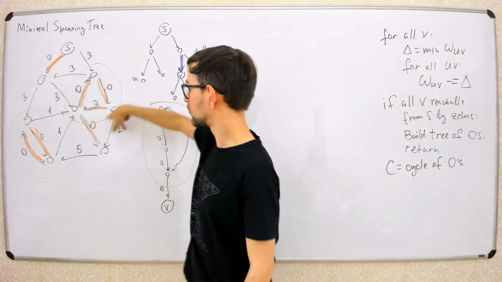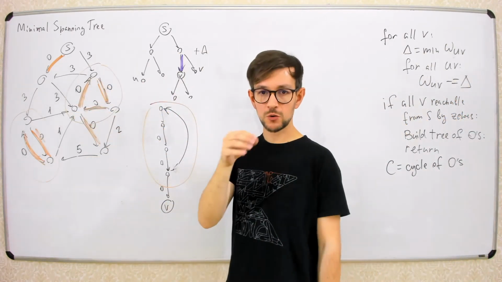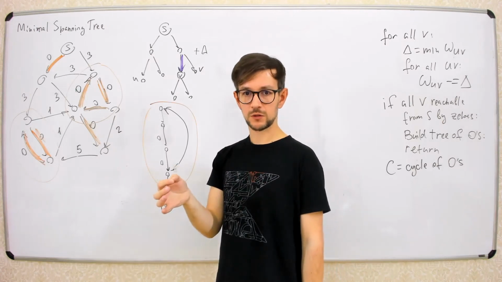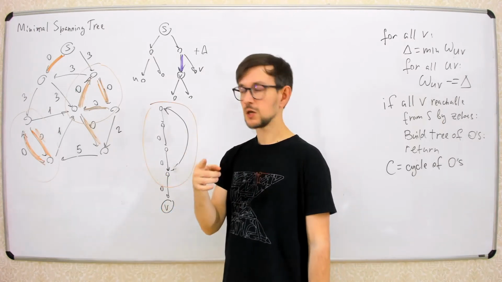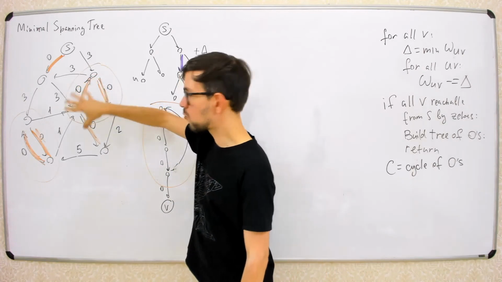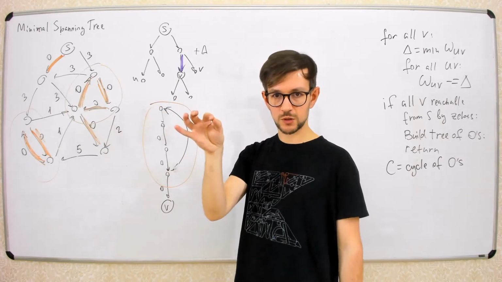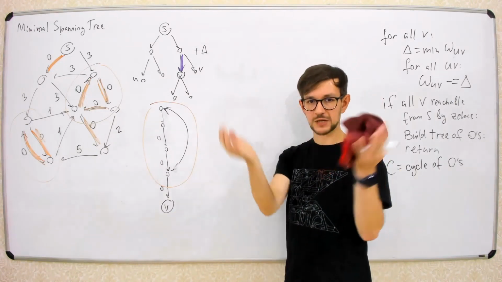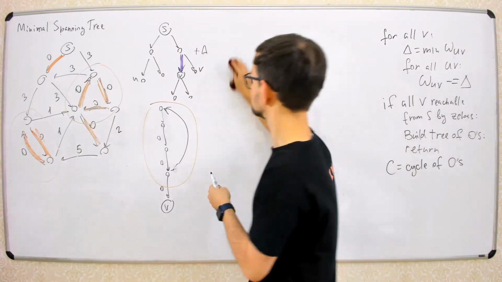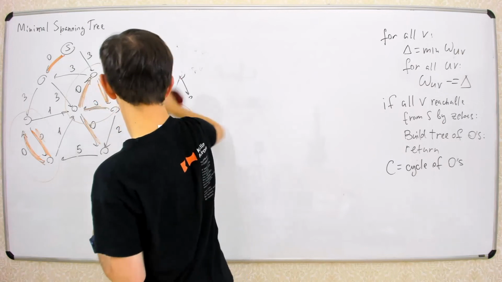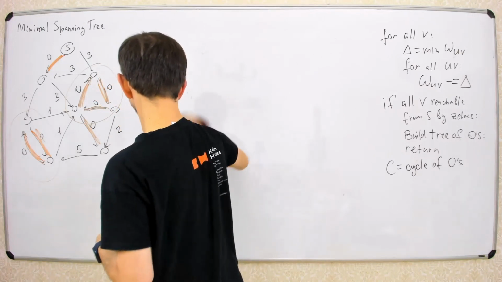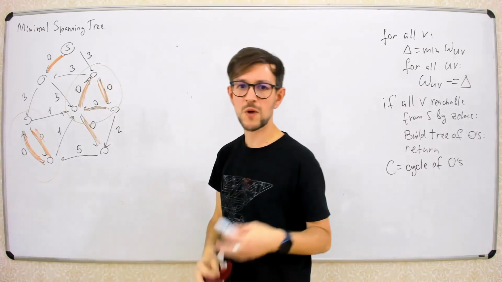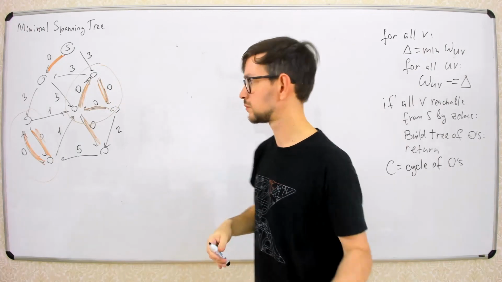Inside this group of nodes, every node is accessible from every other node, because you have this cycle. So inside this group, every node is reachable. So what we can do is we can compress this cycle into a single node. Yes, if you have multiple cycles, you can compress all of them.